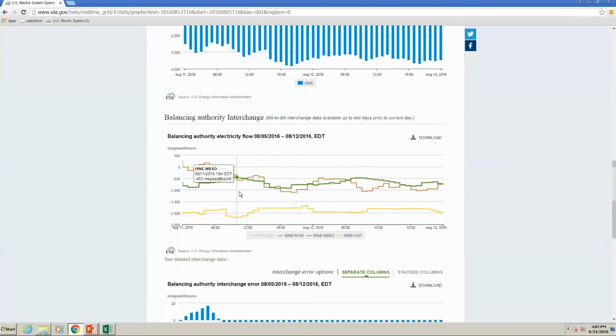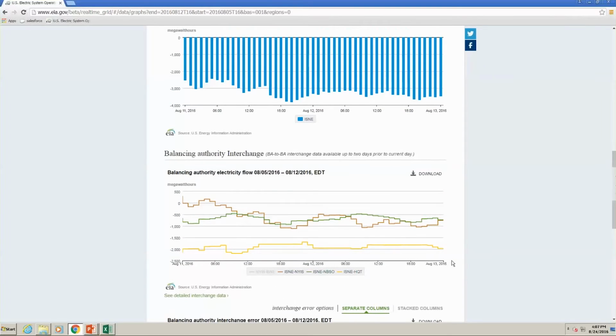And then the green line is New Brunswick, with somewhat less imports, but fairly steady, not as steady as Hydro-Quebec. And then the brown line is New York, which is also, during these days, importing for the most part, except for the early morning hours on the first day. So that's a way of looking at where power is coming from.